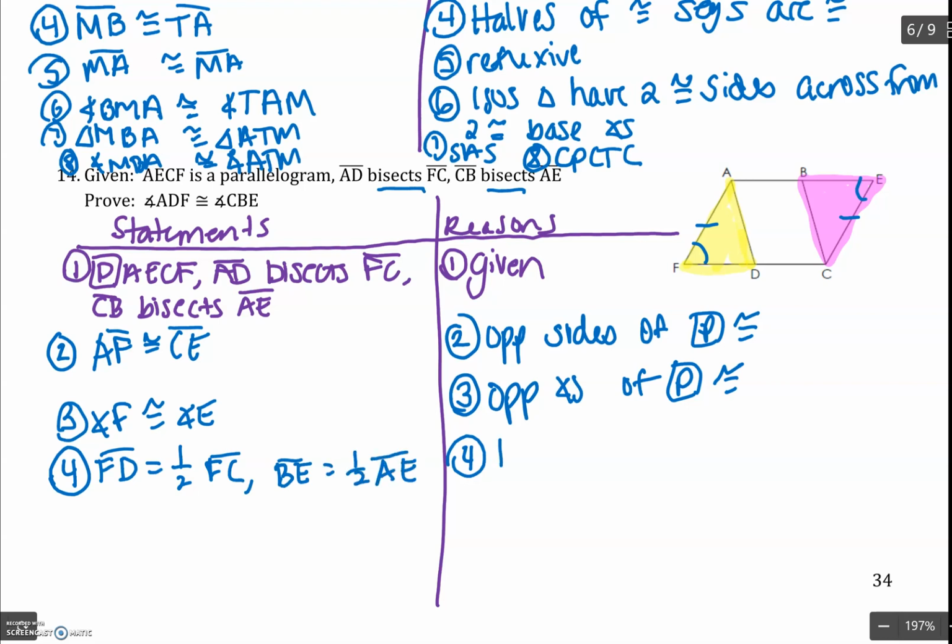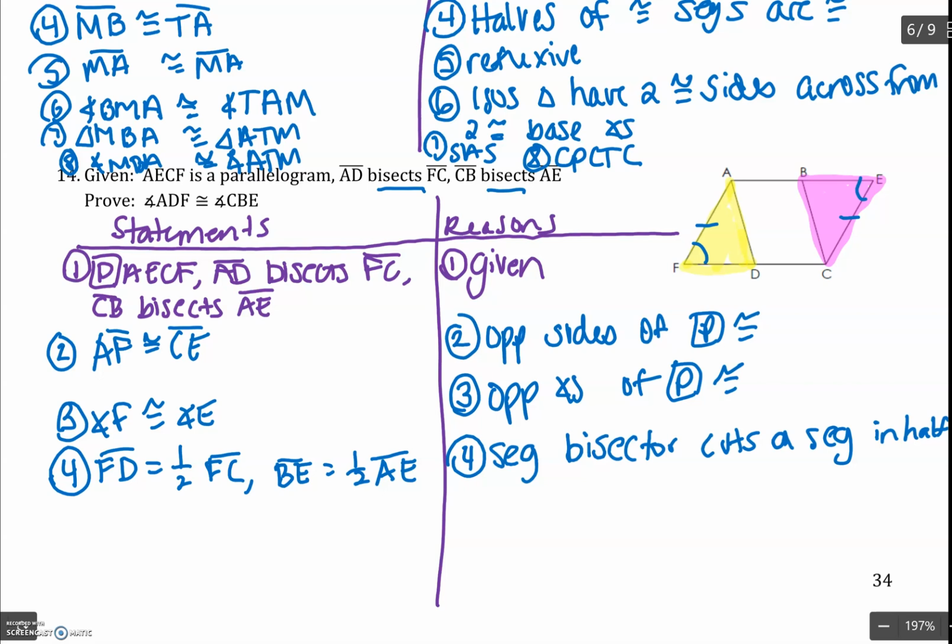because a segment bisector cuts a segment in half. Now, if they were half of the same thing, they would be congruent.